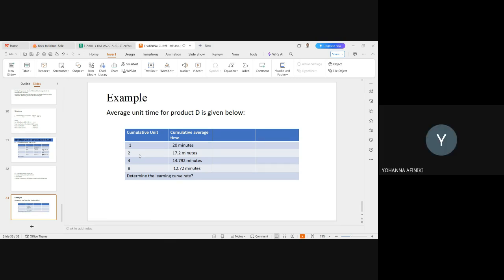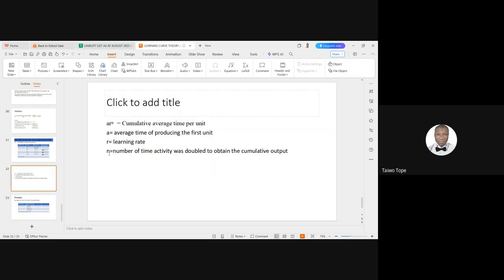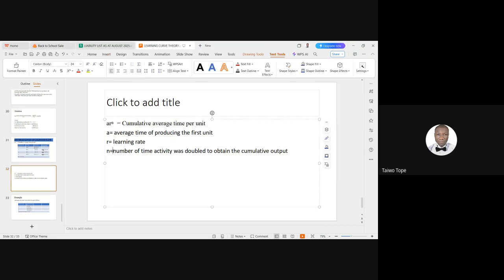No, 3 times. We experience doubling 3 times. So based on what we've just explained, your N will be 3.